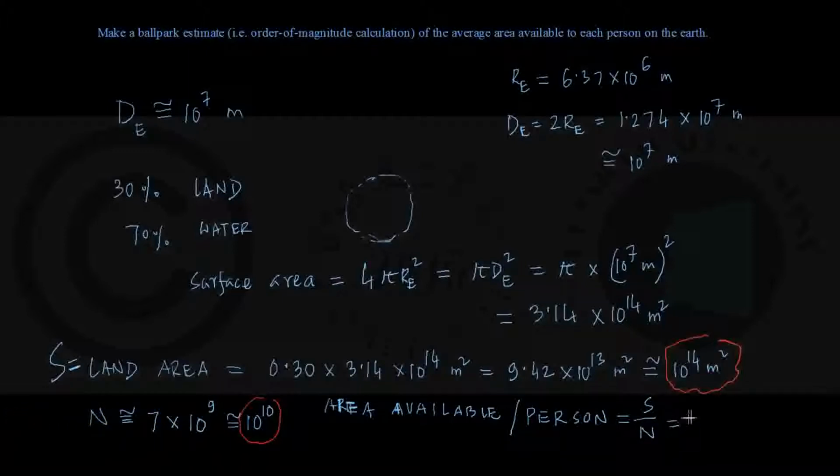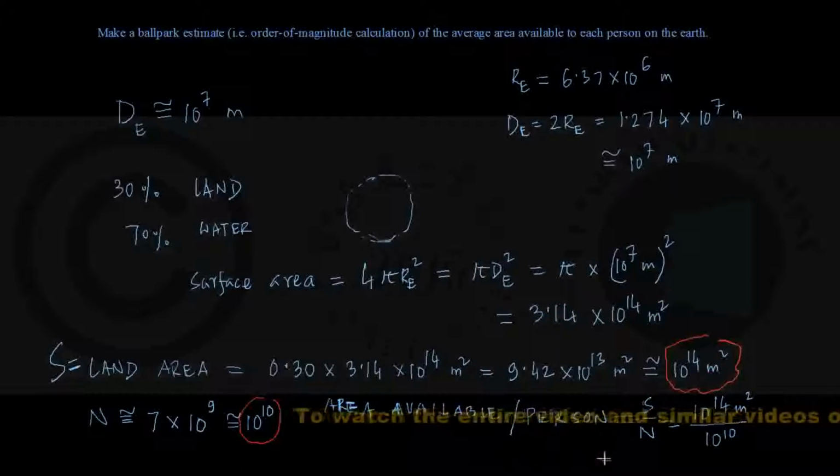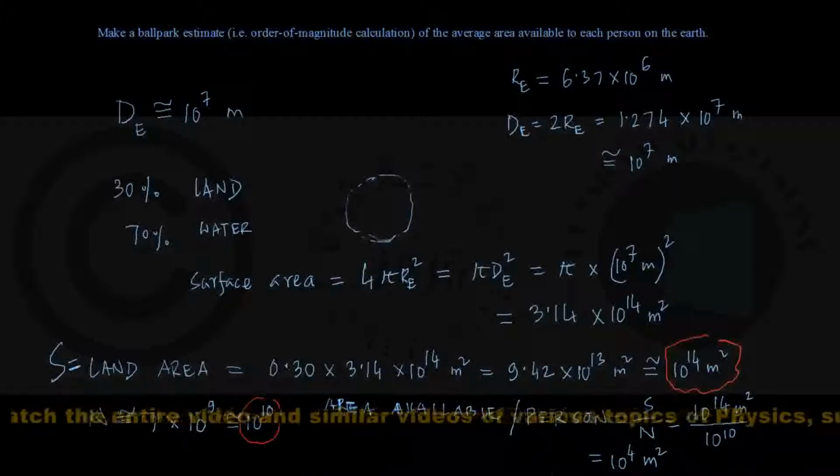So I just put those two values, 10 to the power 14, that is the land area order of magnitude value, divided by the number of people 10 to the power 10, and it's coming out to be 10 to the power 4 meter square per person. A lot of area.